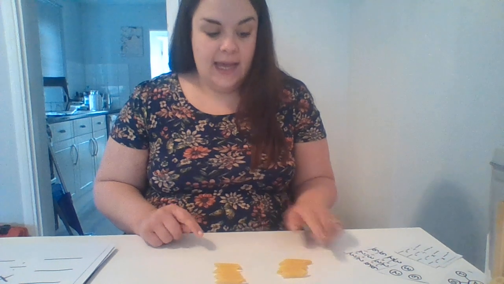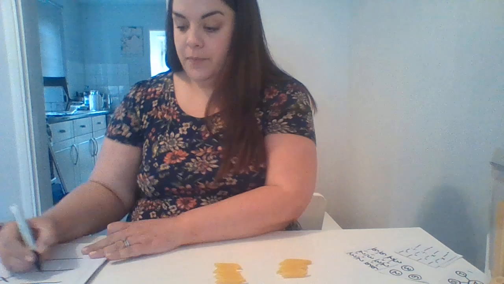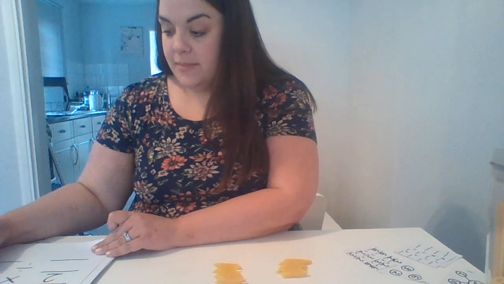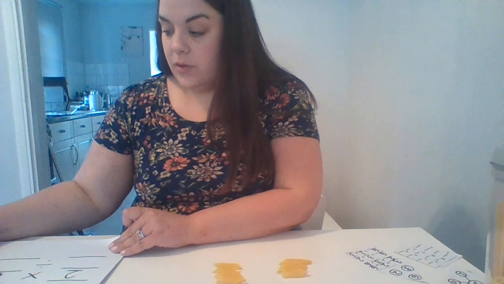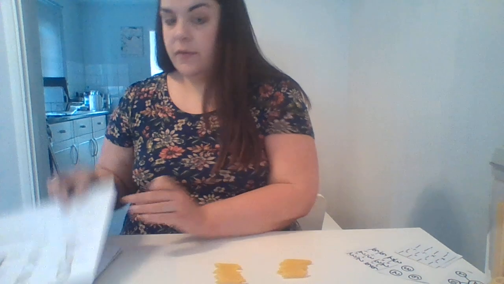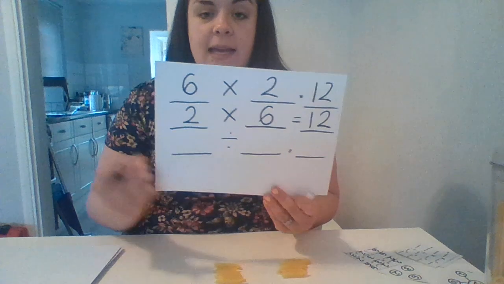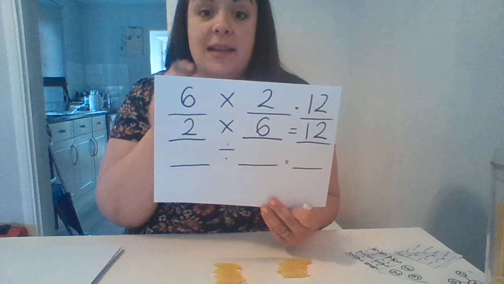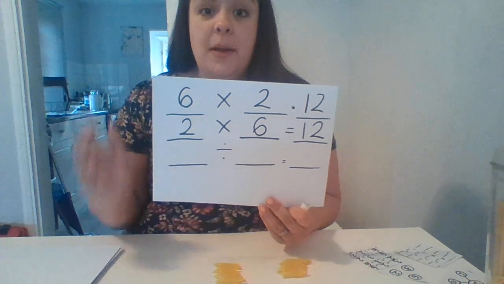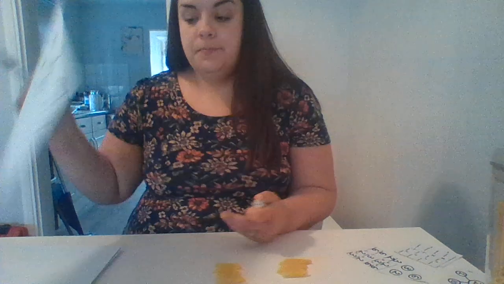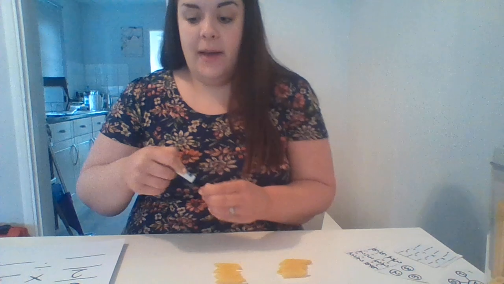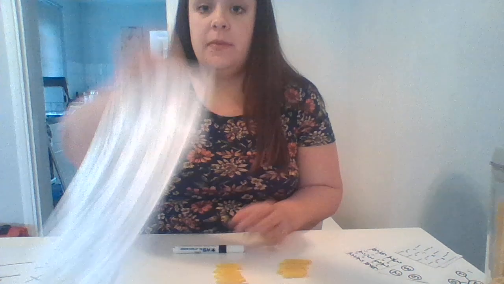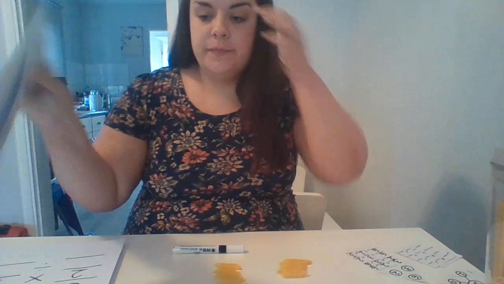I can see that it still uses all 12 pieces of pasta. 2 times 6 is also 12. So I can see that it works. They are the same, no matter which way round I put my 2 numbers to multiply. Therefore, I've got my answer to the first part, 12.